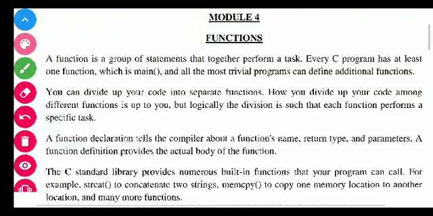Today we are going to discuss functions, which is covered in the fourth module of programming in C. A function is a group of statements that together performs a task.